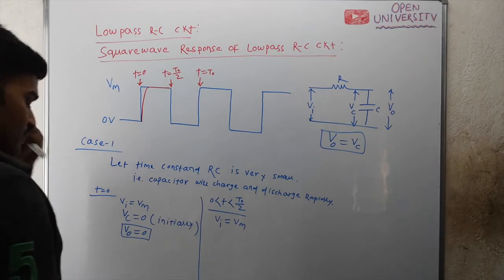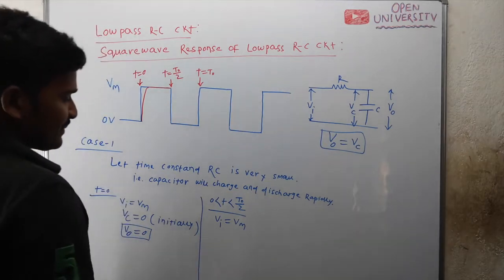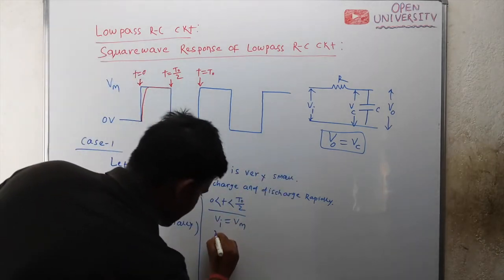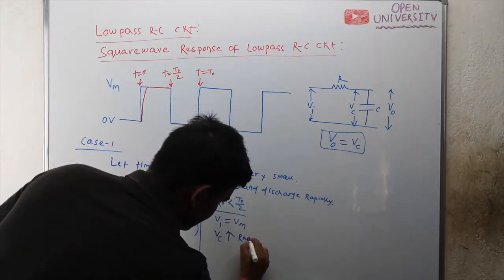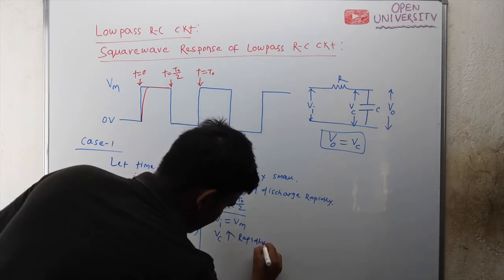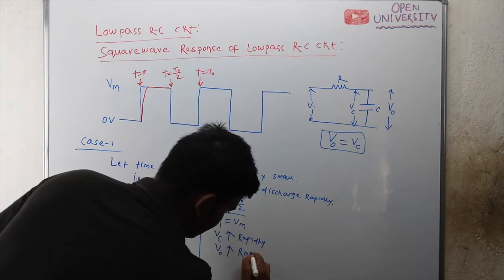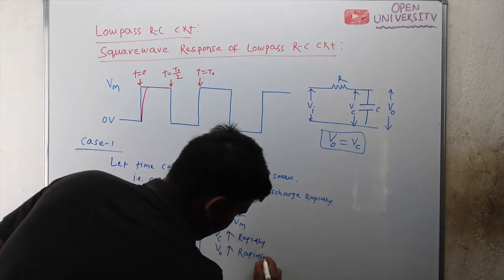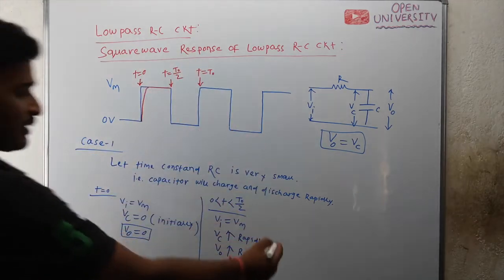So capacitor voltage Vc increases rapidly in this interval. V naught will also increase rapidly.